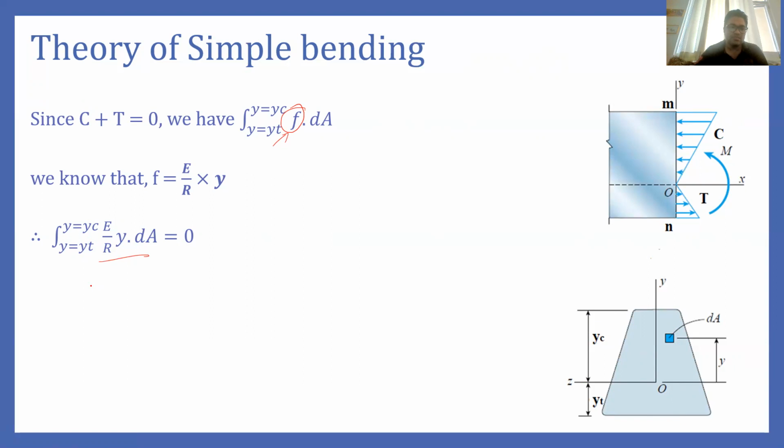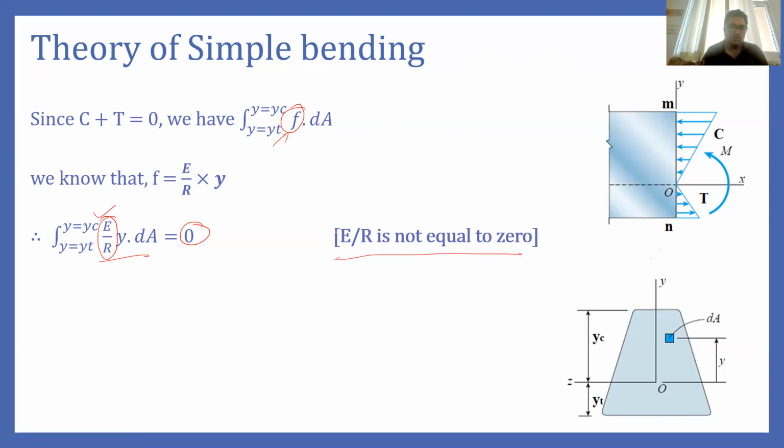Now, we know that this integral is equal to 0, but E by R cannot be 0, because E is the Young's modulus of elasticity and R is the radius of curvature. Both of these values cannot be 0. This is what I have written here: E by R cannot be equal to 0.